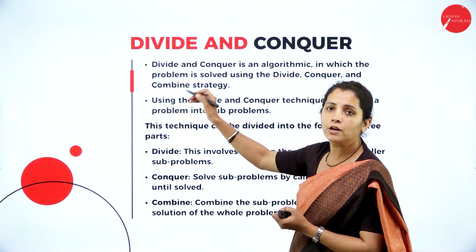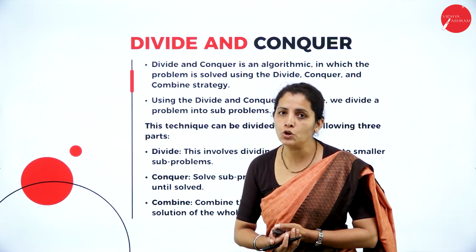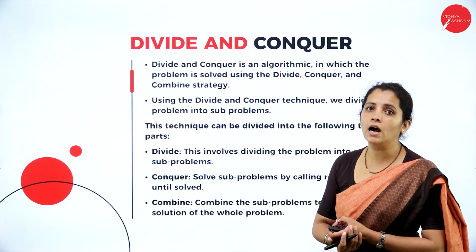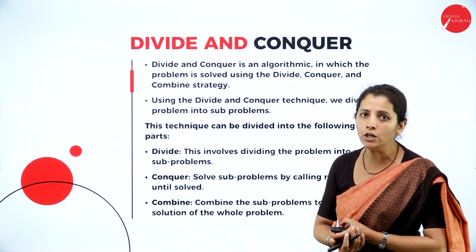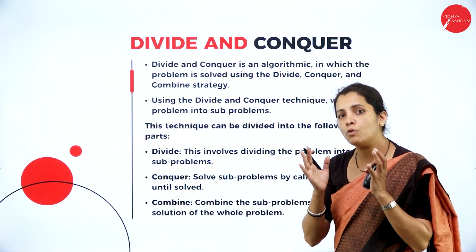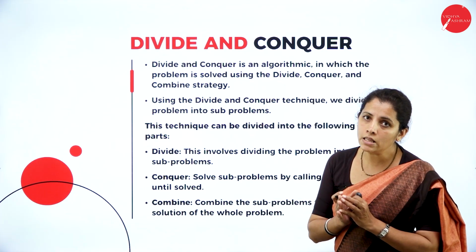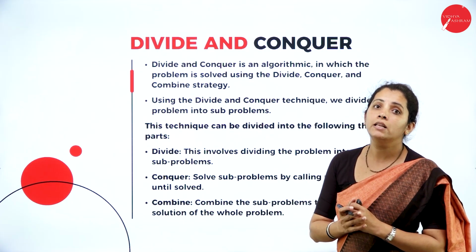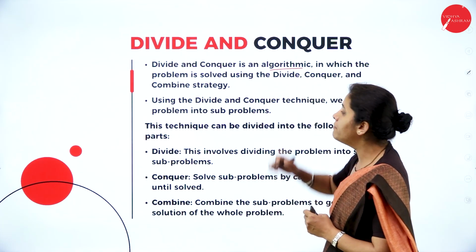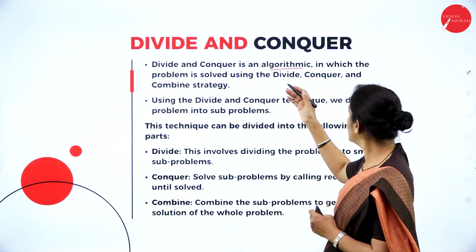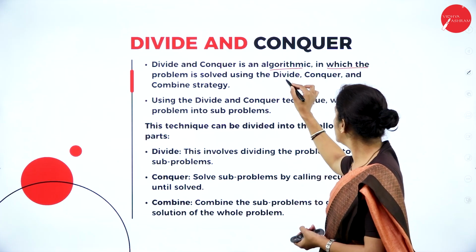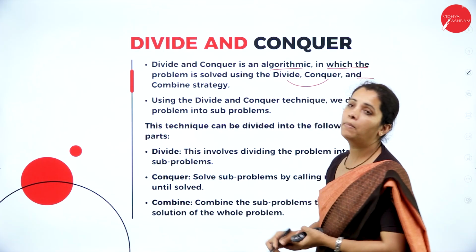So divide and conquer is the most commonly used algorithm for breaking down a complex problem into smaller problems, finding the solution for these smaller problems, and combining the solutions at the end to get the final solution. So it is a divide, conquer and combine strategy.